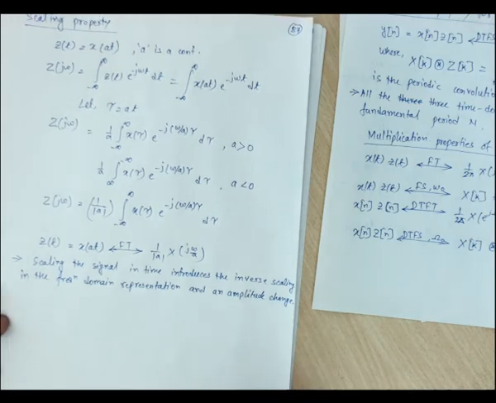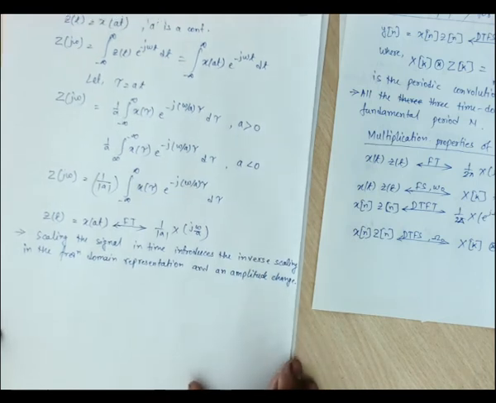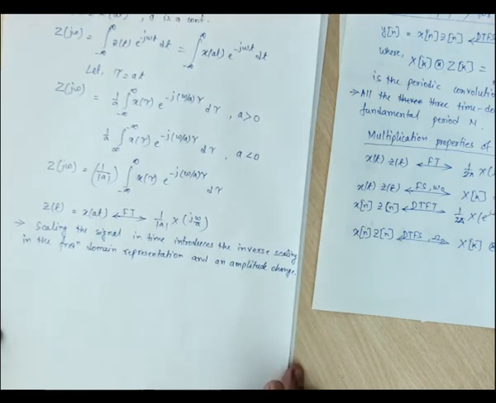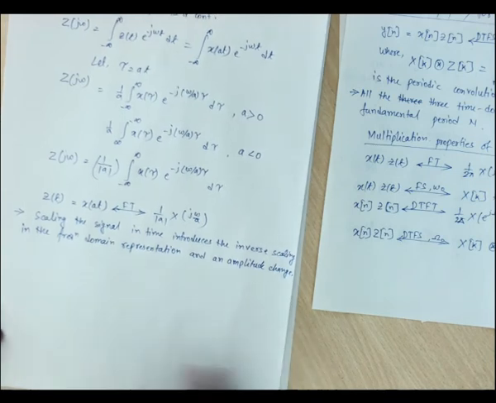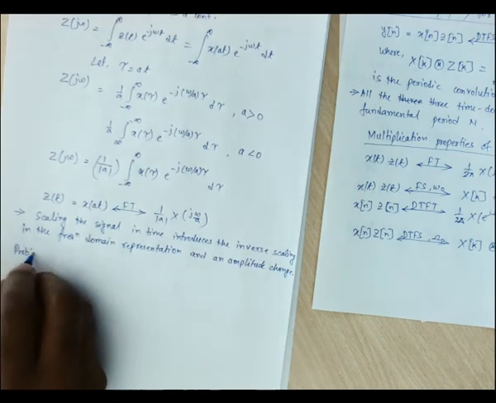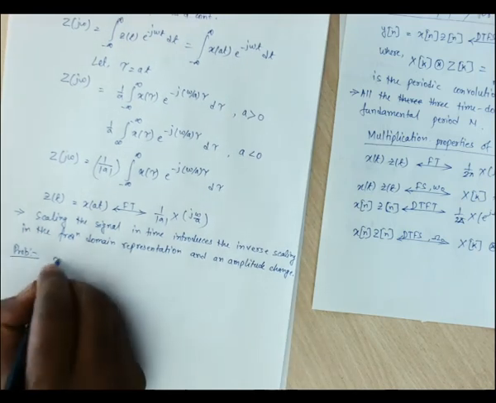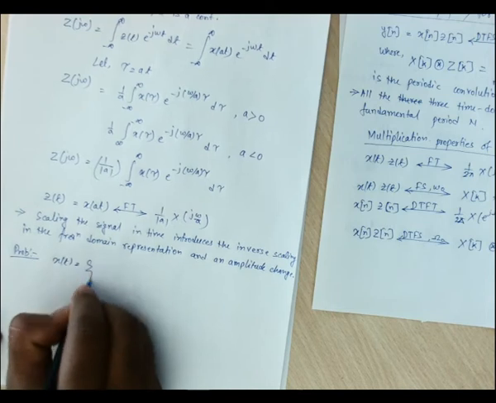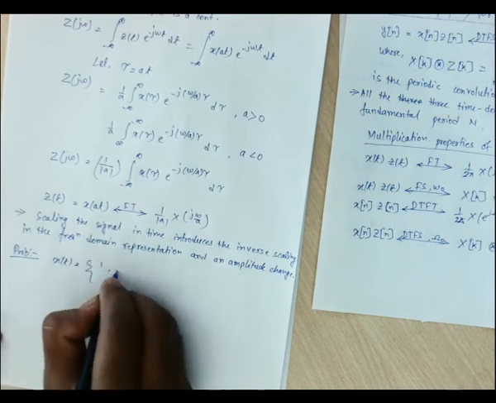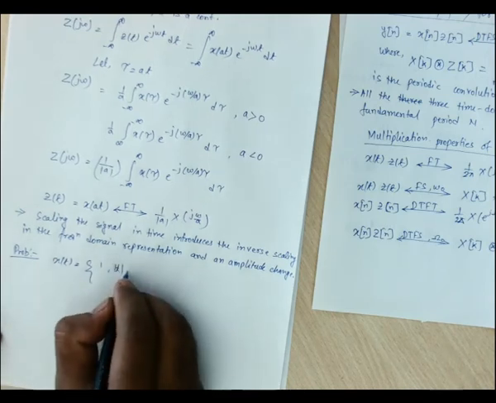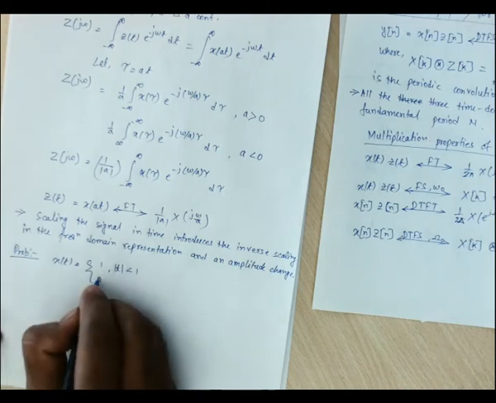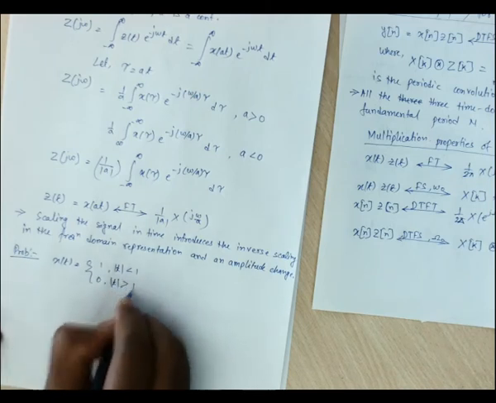So let's solve a problem for this. A rectangular pulse is given. Using the Fourier transform of this rectangular pulse and the scaling property, we need to find the Fourier transform of the scaled rectangular pulse. So the given rectangular pulse x of t is 1 for mod of t less than 1 and 0 for mod of t greater than 1.